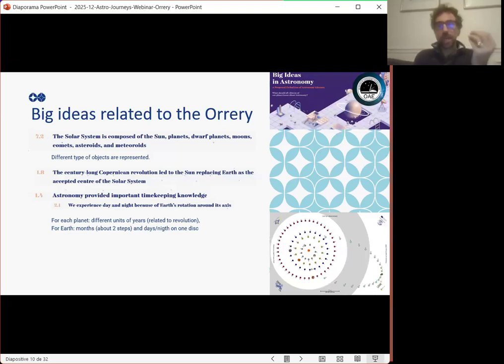And something very nice. As we discussed, the orrery is based on duration and timekeeping knowledge. So through the experience of the orrery, we can talk about day and night. If one student stays on a disk and moves around himself, he will perceive the fact that the sun is in front of him or behind him. So he can perceive in a very efficient way the alternation of day and night.